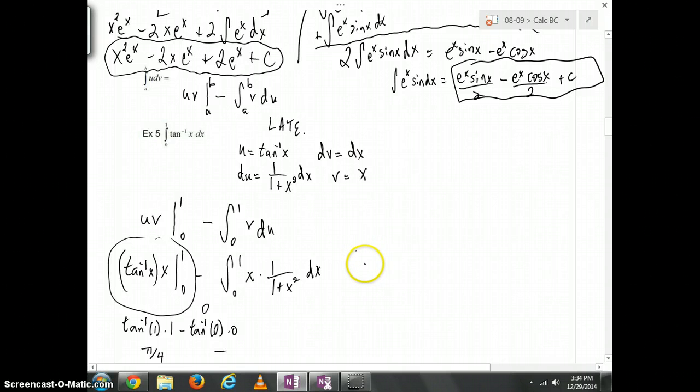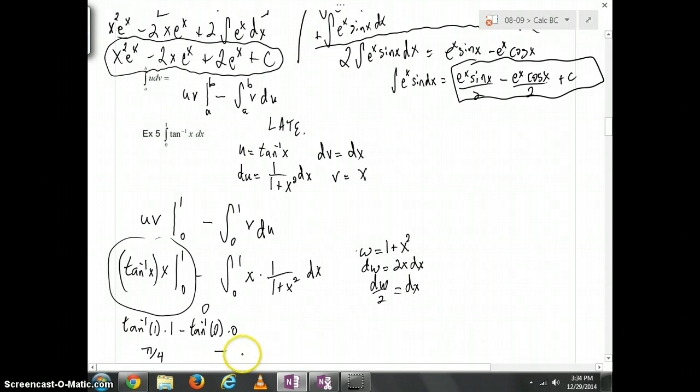So you might try a u substitution. By the way, I'm going to write a w substitution. Let's let w equal 1 plus x squared. dw then would become 2x dx. Or another way of writing that is x dx would be dw over 2.